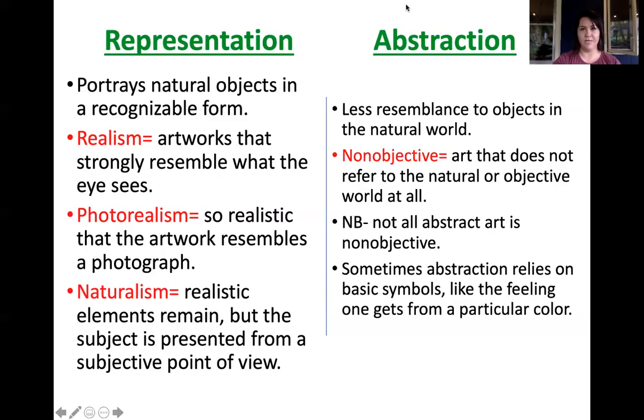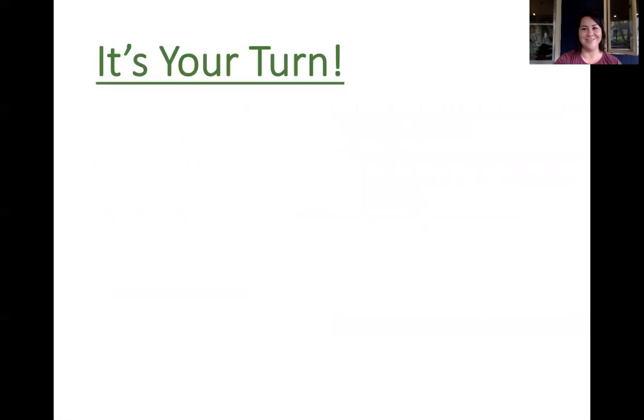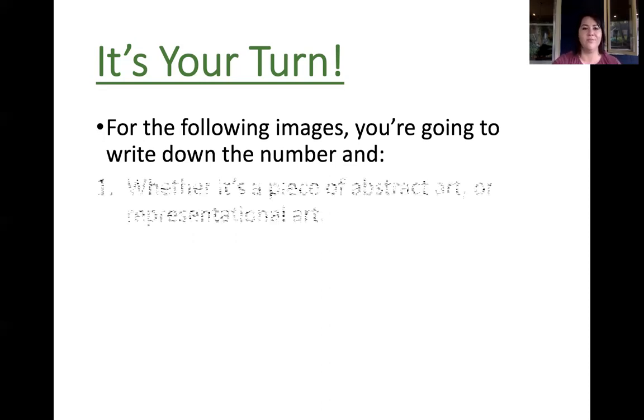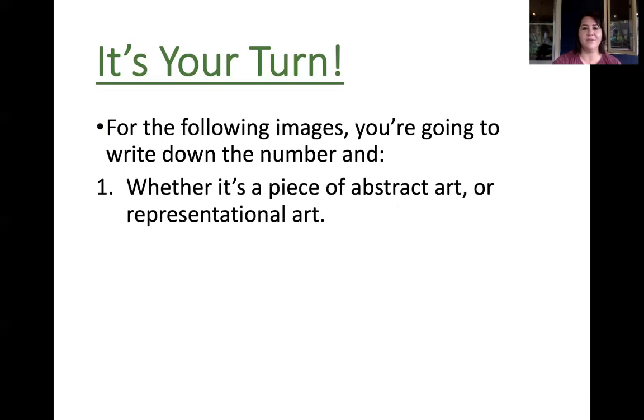Okay, so as promised, it is your turn. You need to get a pen and paper, or pencil and paper, and we're going to look at some images. And then I'm going to go through and talk about why we're labeling certain images the way we're labeling them. So you need to write down the number of the image and decide whether it's a piece of abstract art or representational art.